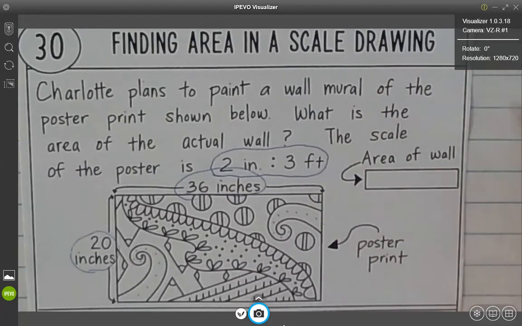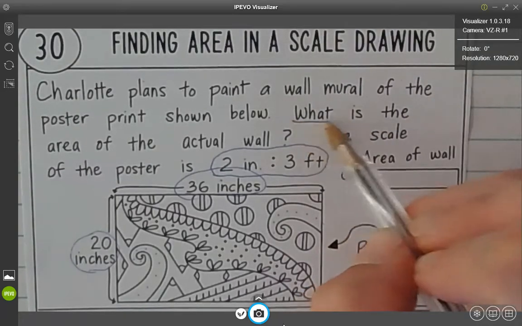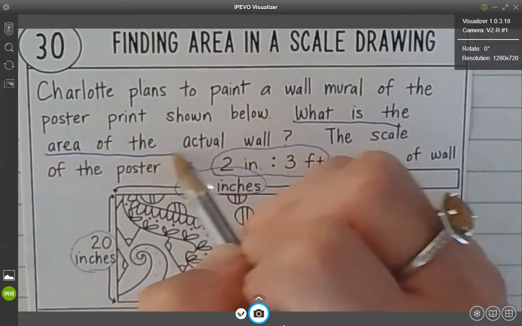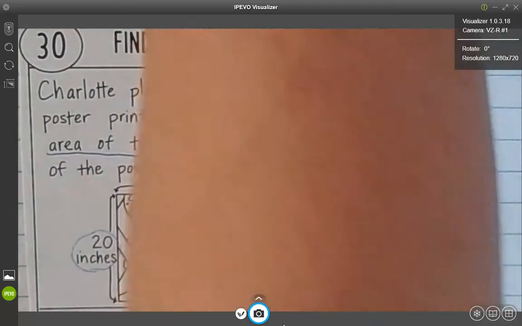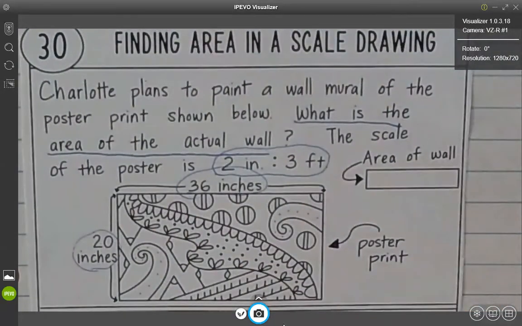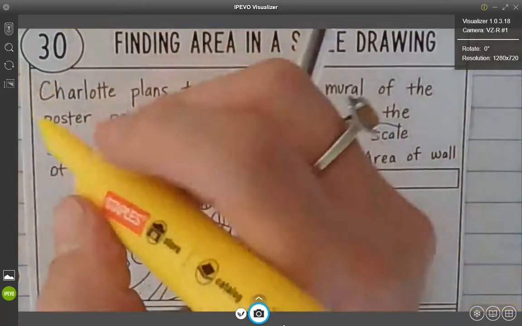Okay, so that's circling. U stands for underlining. What will we underline? Right. What is the area of the actual wall? Okay, also here, I might look at important words, important vocabulary. Is there anything here that would be some important vocabulary we need to know? Area.